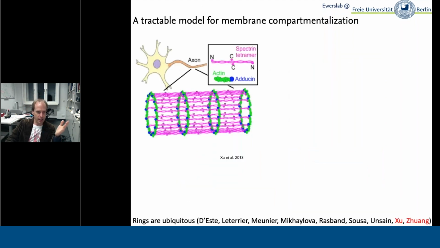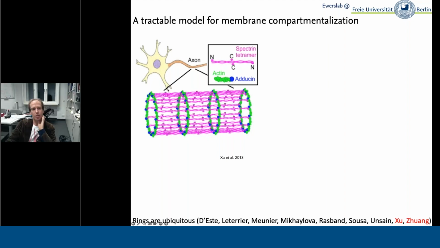We were very excited when in 2012, Zhuang and Xu found that along the axon initial segment, and indeed all along the axon, the cytoskeleton is organized in rings that are spaced by about 190 nanometers by spectrin tetramers.